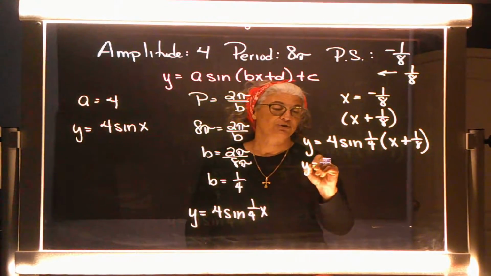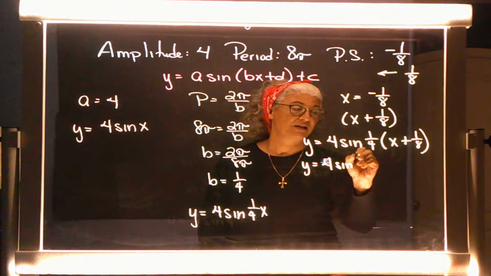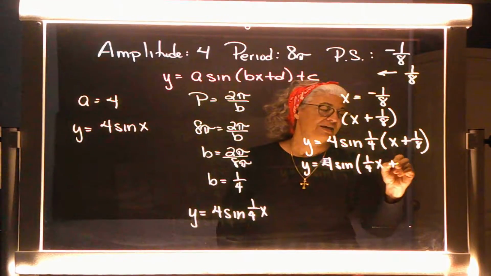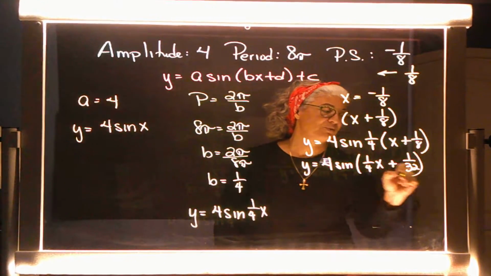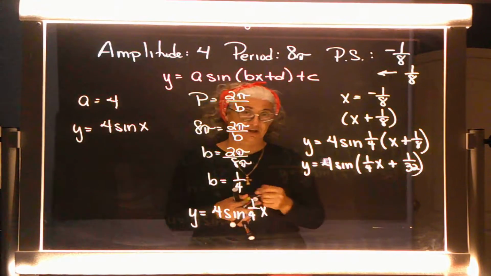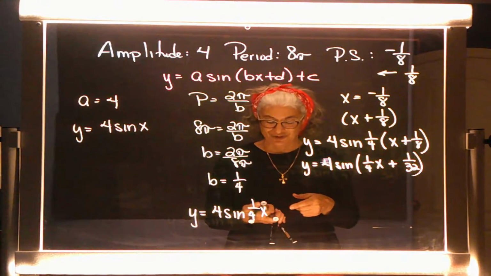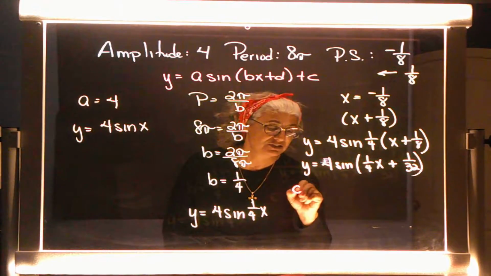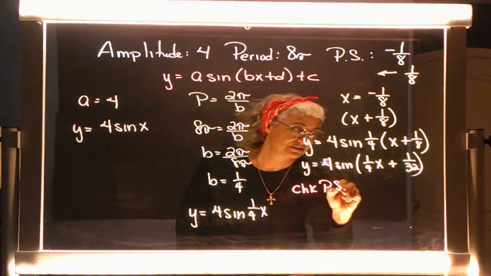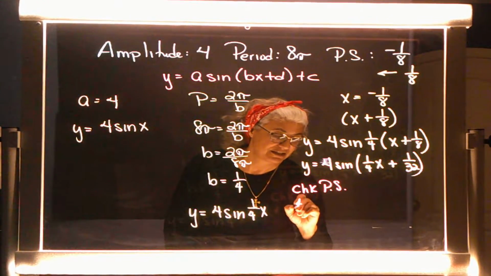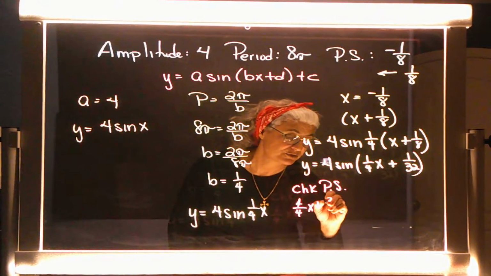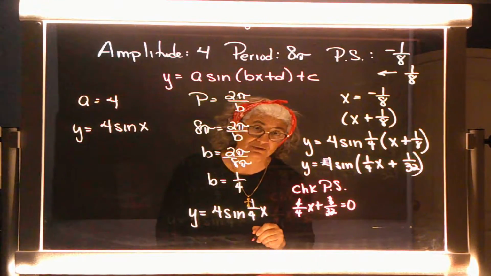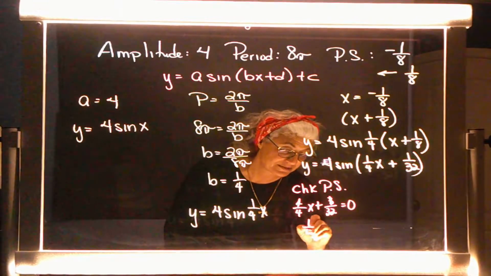And yes, you're going to have to distribute that 1/4. That 1/4 needs to be the coefficient of x, and now it is. But on the back side, this is going to be 1/32. Got it? And you're like, do I get a negative 1/8 phase shift? Well, check it out. Do we? Let's check the phase shift. If I take the 1/4 x plus 1/32 and I set it equal to 0, let's solve for x.